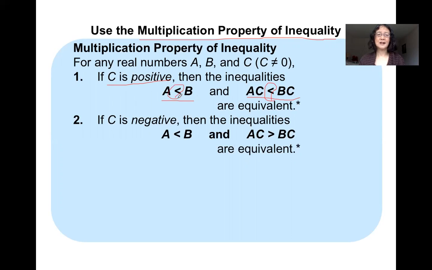However, if C is a negative number, and you have A < B and multiply both sides by C, you get AC > BC. See, originally you have smaller, but now you have greater because C is a negative number.